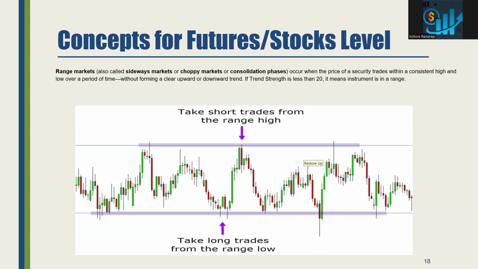How can you do this? By looking at the score. If the score is above 7, it is an uptrend: only buy opportunities. If the score is around 2 or 3, downtrend: only sell opportunities. If the score is 4 to 5, it is neither bullish nor bearish.